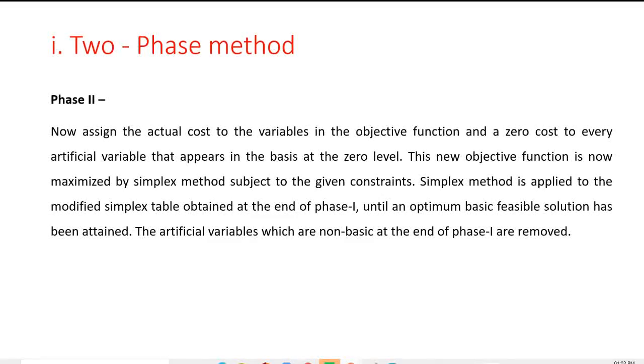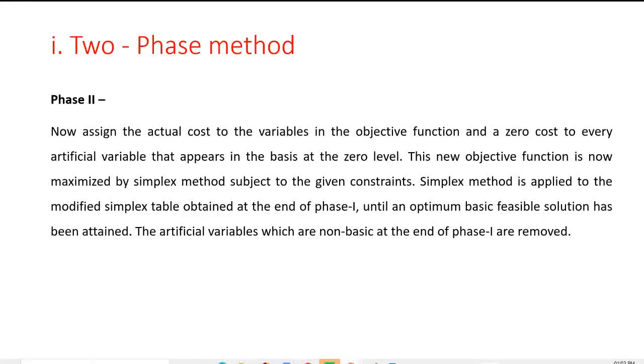So the next part is phase 2. Now assign the actual cost to the variables in the objective function and a zero cost to every artificial variable that appears in the basis at the zero level. This new objective function is now maximized by the simplex method subject to the given constraints.